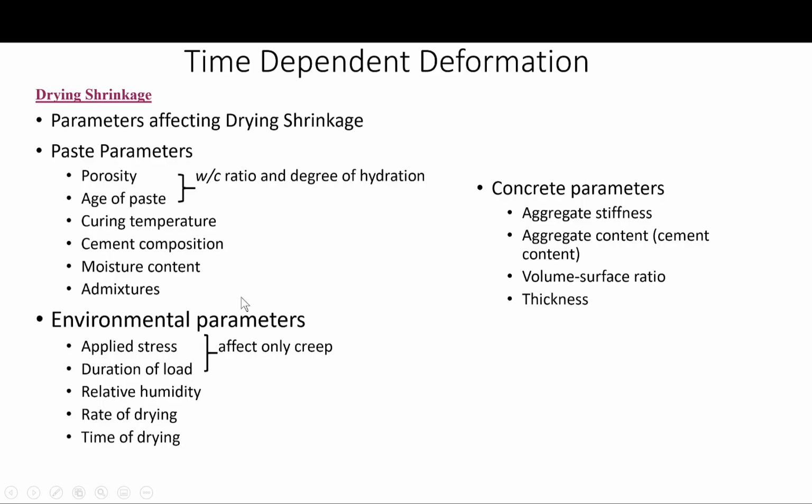Of course, these two items basically affect creep. Relative humidity, which affects the rate of moisture loss from a member, rate of drying, and the time of drying. So all these items need to be thought of when we are trying to control the drying shrinkage, and the creep eventually, as you will see.